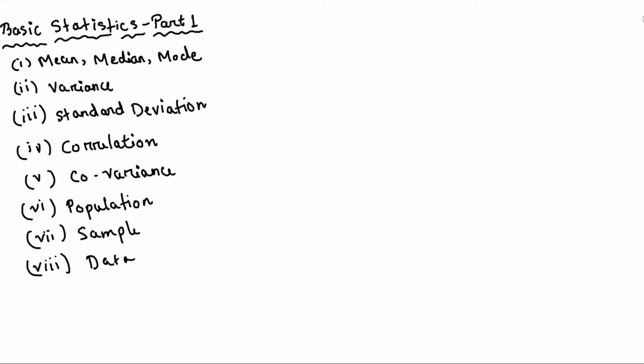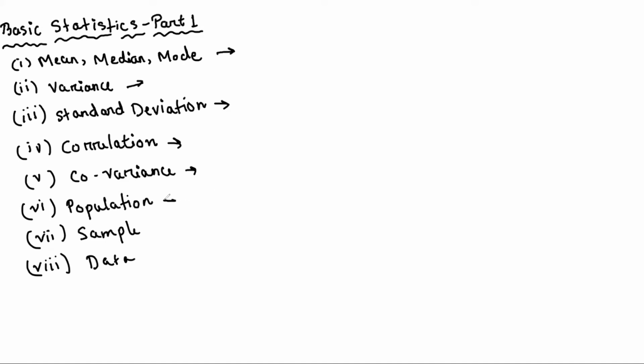So what are the things that we will cover in today's tutorial? I've listed them. Mean, median, mode. What actually are mean, median, and mode? What is variance? What is standard deviation? What is correlation? What is covariance?